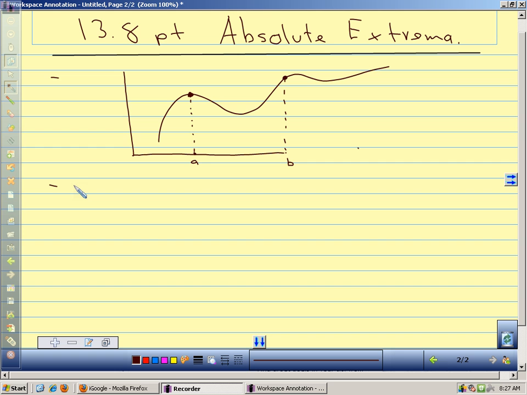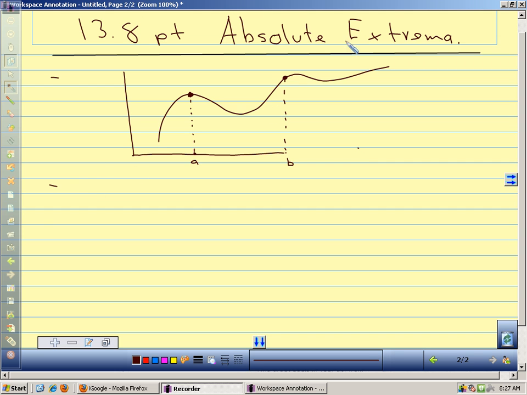The extreme value theorem tells us that if f attains a maximum value or a minimum value in some closed bounded region, where closed means it contains its endpoints and bounded means it's finite, then we're going to have a maximum value or a minimum value.